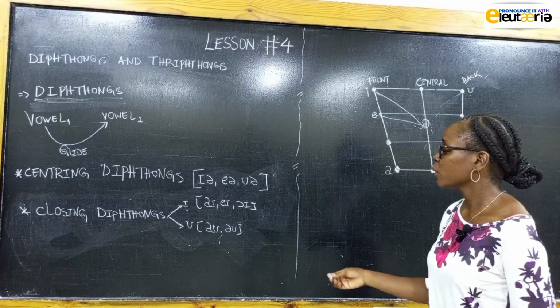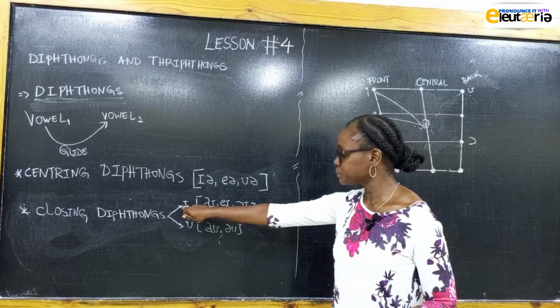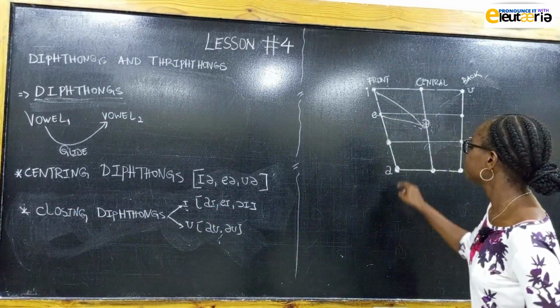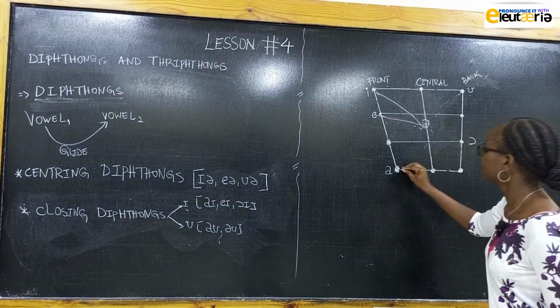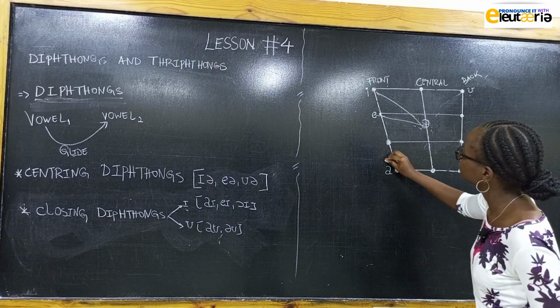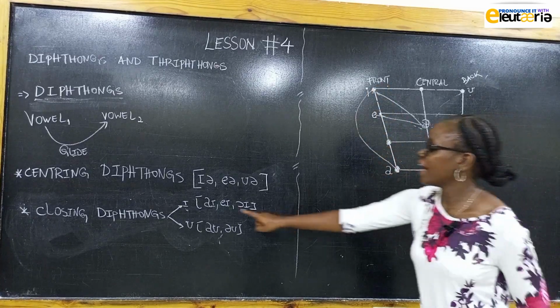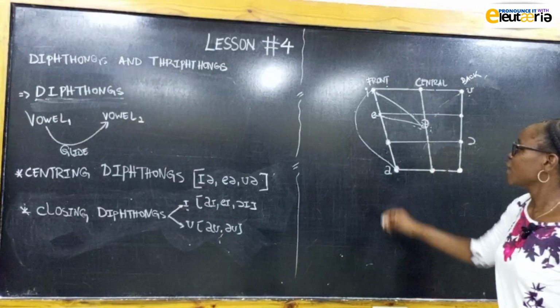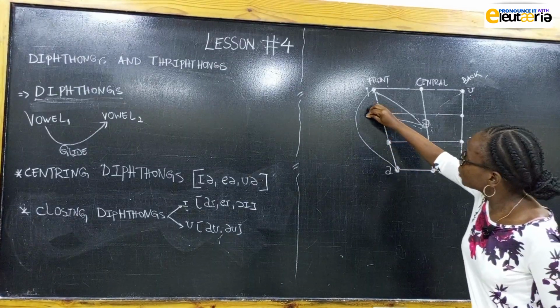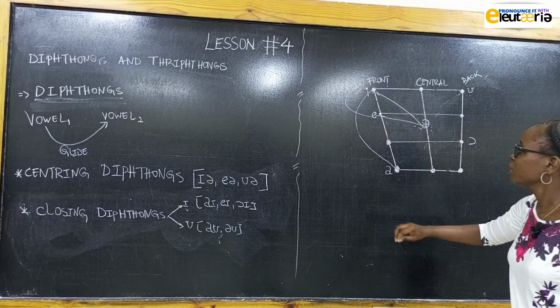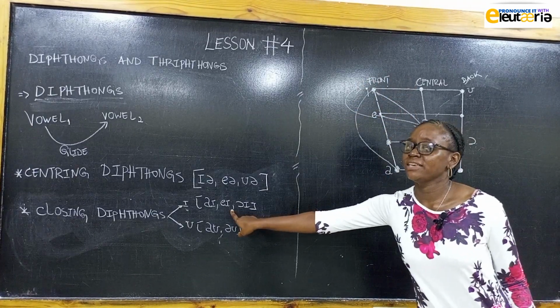So when they glide to the vowel e, we have ai, which is when the vowel a glides to a front vowel, which is e. Then the vowel e also goes to the front vowel e, and we have ei.